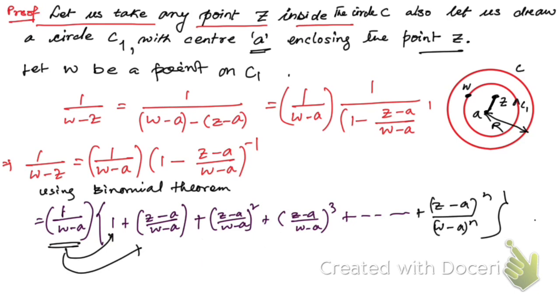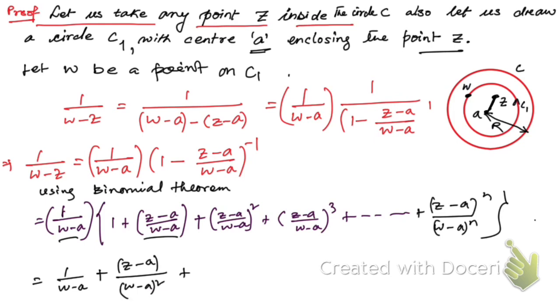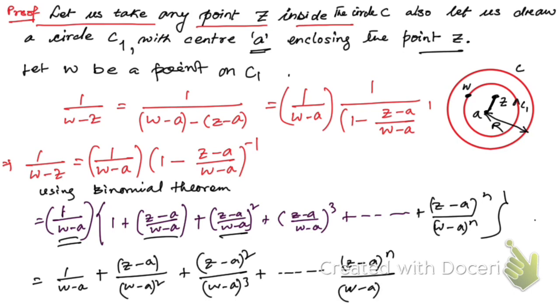Then it's going to give you 1 by w minus a plus z minus a divided by w minus a whole square, then z minus a whole square divided by w minus a whole cube, and so on, and at the end z minus a whole to the power n divided by w minus a to the power n plus 1, right?